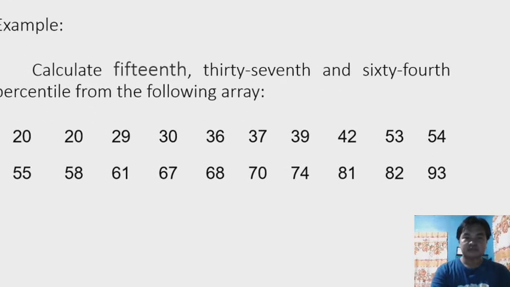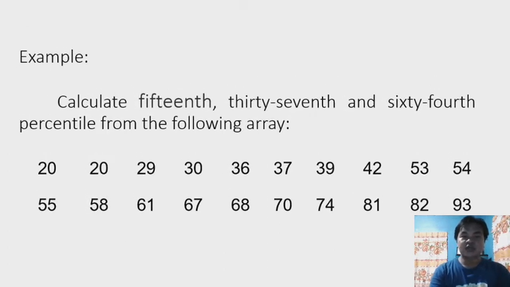Meron po tayong example para ma-practice natin using the formula na itinuro ko kanina. We will calculate 15th, 37th, and 64th percentile from the following array. The data set has been arranged in ascending order from the top left corner to the bottom right one.